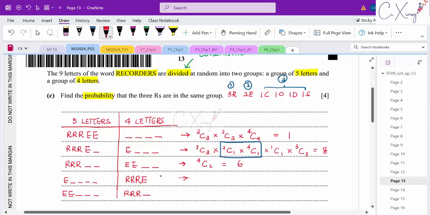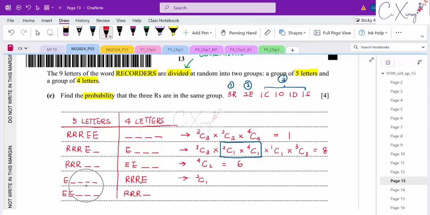So 1E, I'm having 1E in this 5 letters group, so 2C1. You have 2E, right? Then you choose 1E and put it here. After that, you have 4 empty spaces here, so it should be 4C4, all the 4 letters you put here.